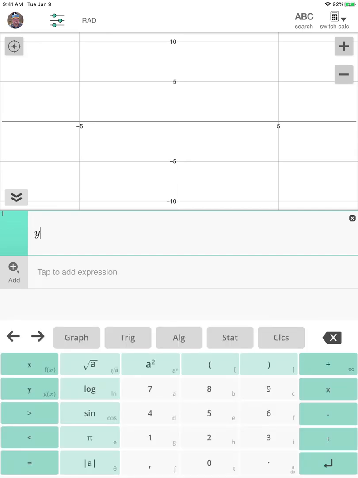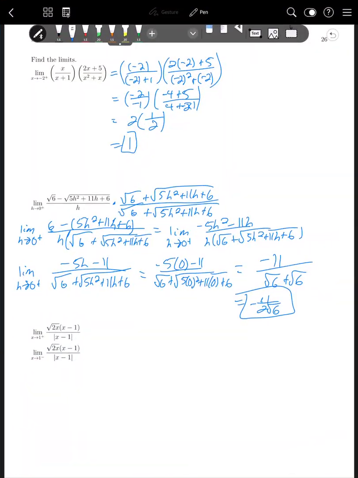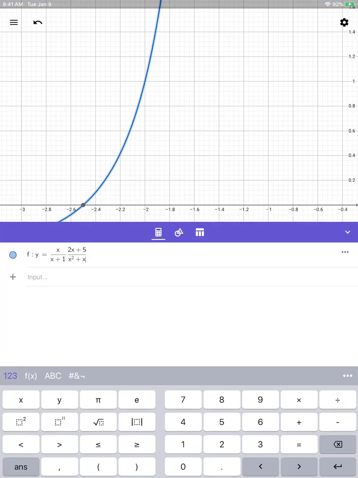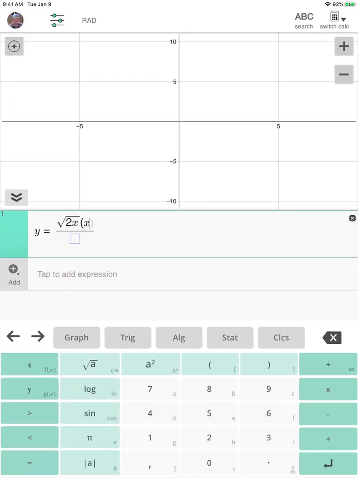So this one should be y equals the square root of 2x times x minus 1 over the absolute value of x minus 1.